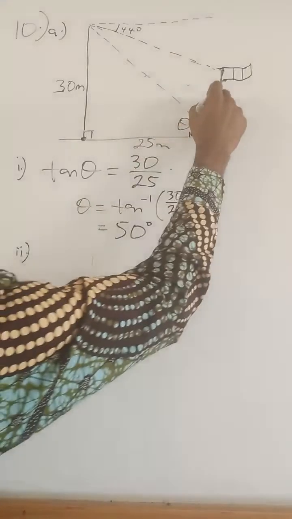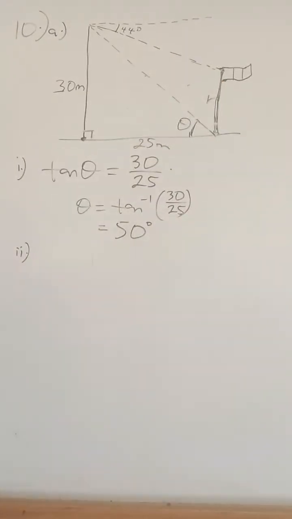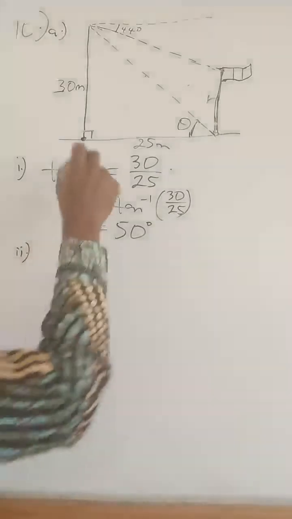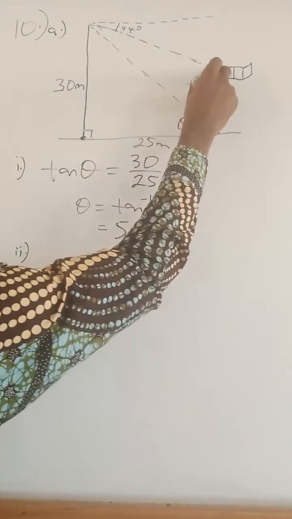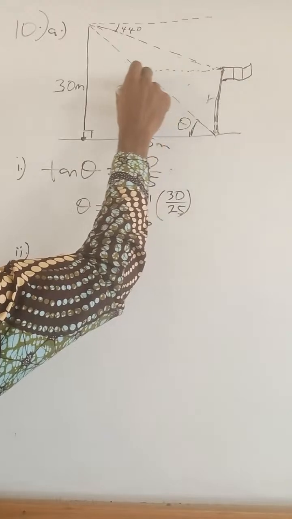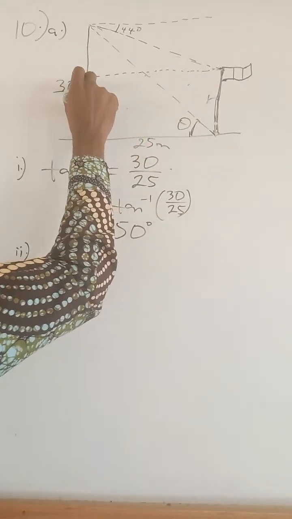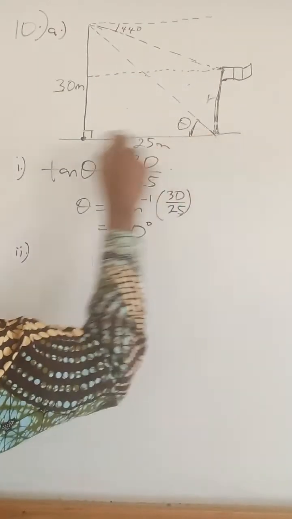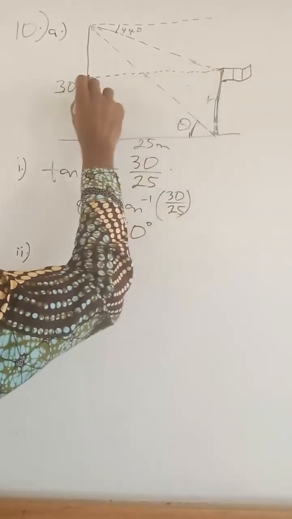Let's take R to be the height of the flagpole. I could use any non-ambiguous letter. And if that's the case, taking a line parallel to the horizontal ground to the building, this point to this point is 25. The same applies to this.